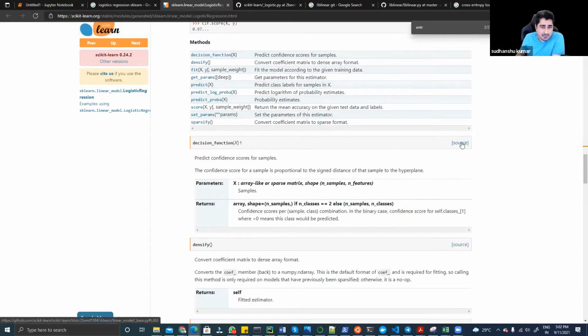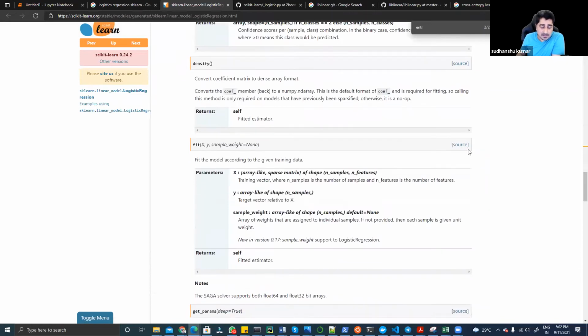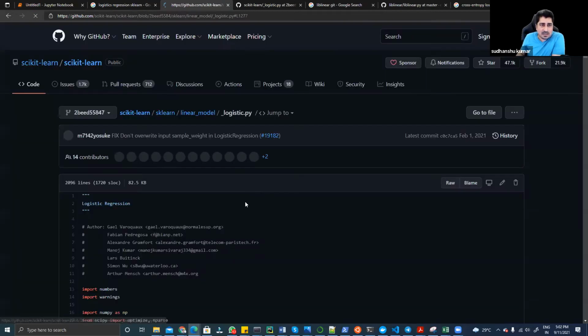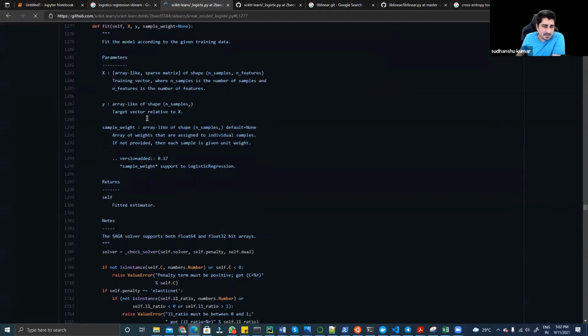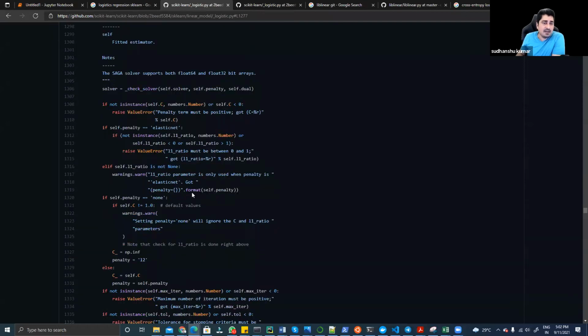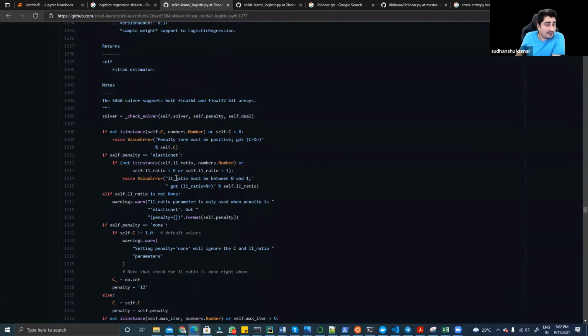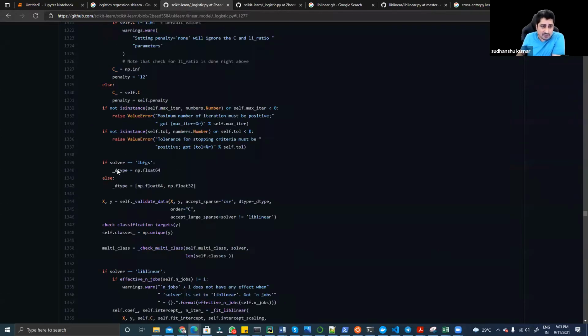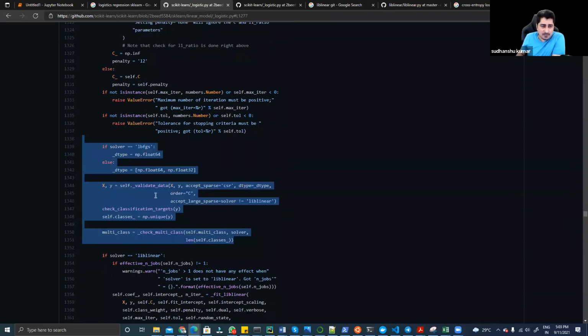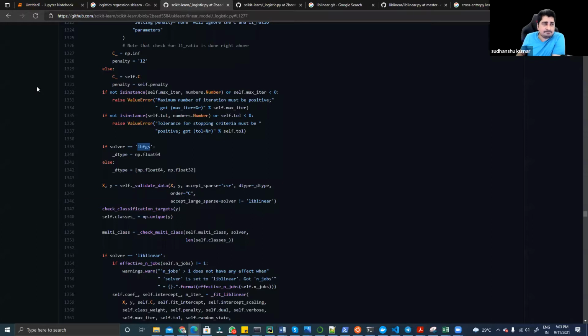Again, if I would like to know how this function has been implemented, whether it's fit or something else, maybe I can click on source, and yes, I will get to know that, okay, fine. This is how this entire function has been implemented, what it does internally when we call fit, and when we are talking about learning something, what kind of learning it is trying to do, which is again a lengthy procedure, but you will be able to know about it easily.